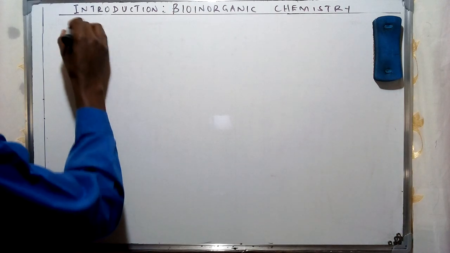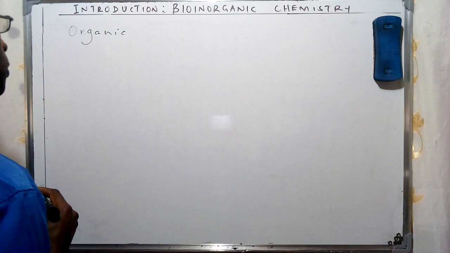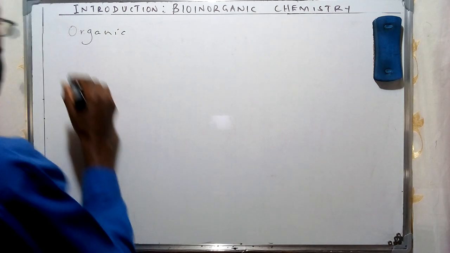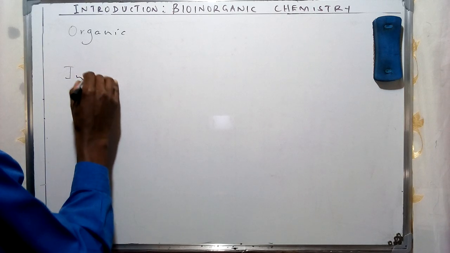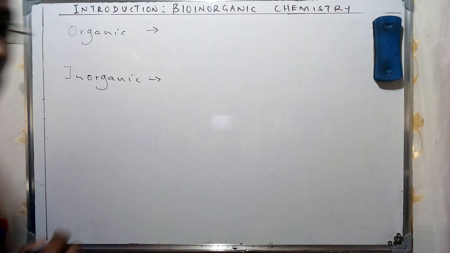Now, in this particular case, I'll look at the basic knowledge that we had from our introductory part to the concept of organic chemistry. I'd say that basically chemistry can be divided into two broader categories of organic and inorganic chemistry.